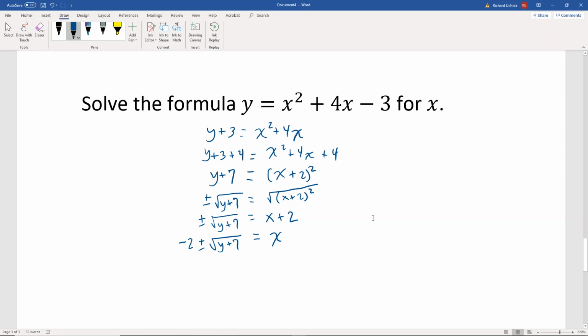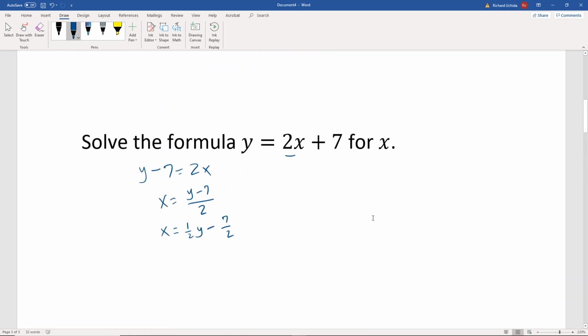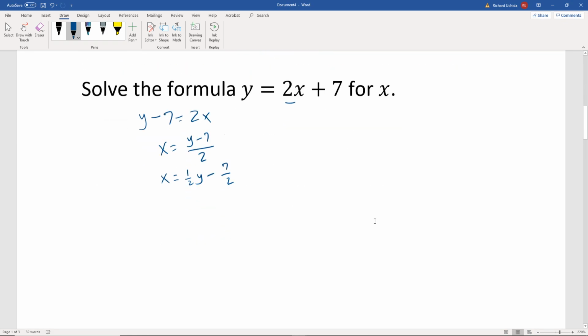Now, one last thing, a little preview of why we talked about all this when we're talking about solving for the inverse of a function.